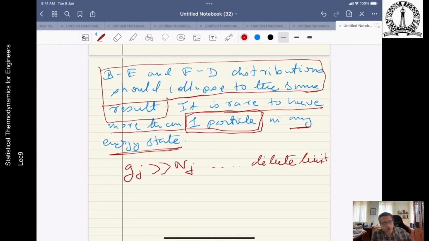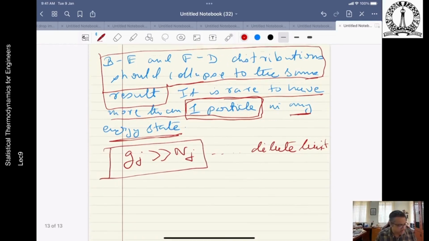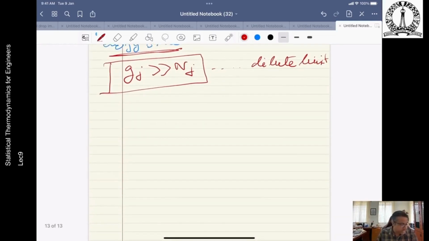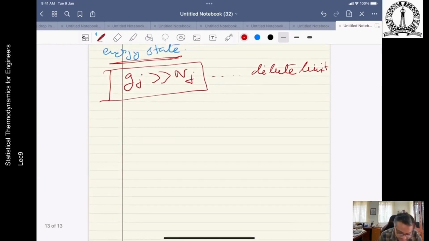But because there are a lot of states available, the two statistics collapse and give you the same result. But this will only happen when the degeneracy is much greater than the number of particles in that particular energy level.